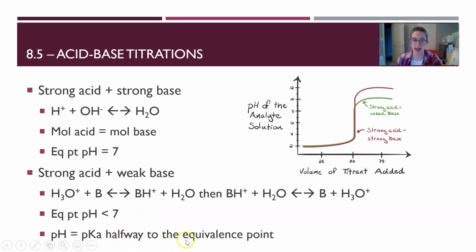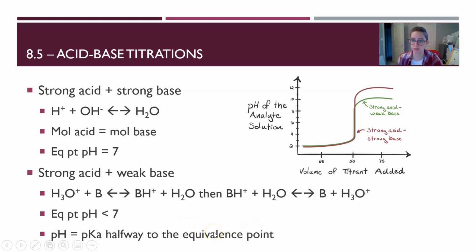pH equals pKa halfway to the equivalence point applies the exact same here. So halfway to the equivalence point, your pH will equal your pKa. You could also look at this as pOH equals the pKb if you're thinking about it in terms of base. If you don't want to do it that way, you can always use Kw equals Ka times Kb to be able to get between Ka and Kb.